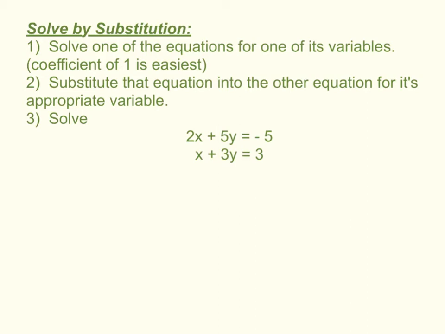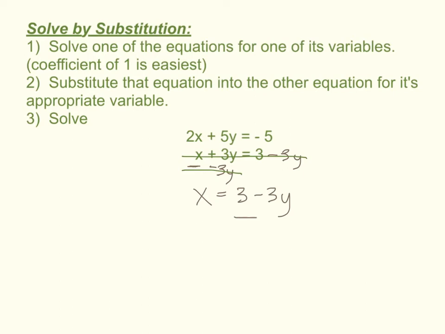So let me go ahead and show you this. Like I said before, step 1 says you've got to solve one of the equations for either x or y. And I told you that this x was going to be easiest. So what I'm going to do is subtract that 3y over. So what I'm going to be left with is x equals 3 minus 3y. And I'm going to cross this out because it's no longer valid. I'm not going to use it anymore. Now these are my two equations.